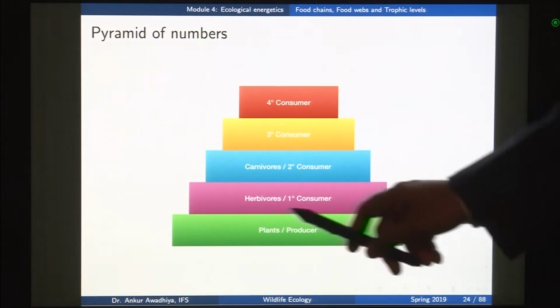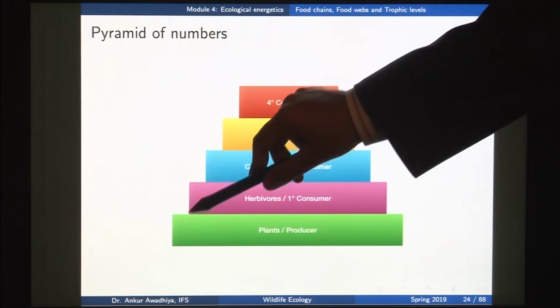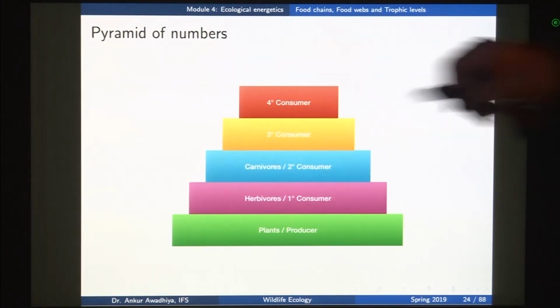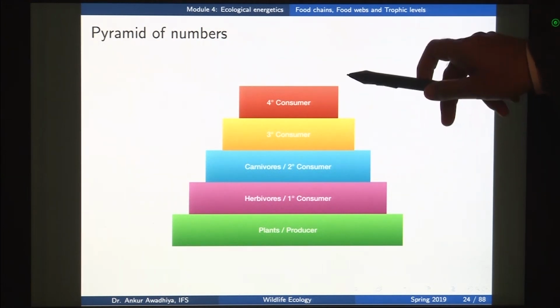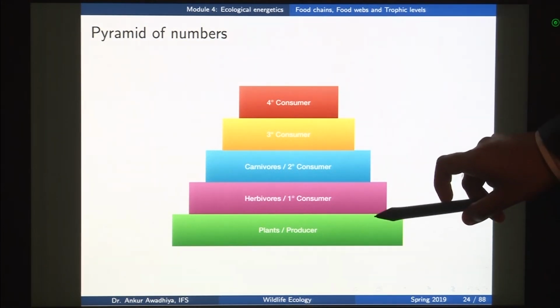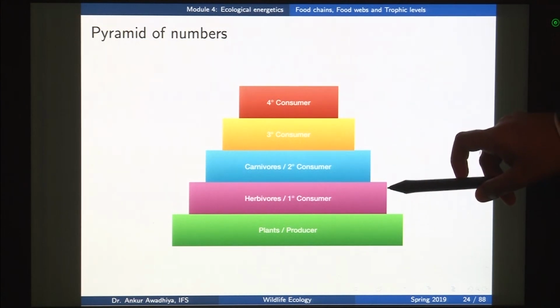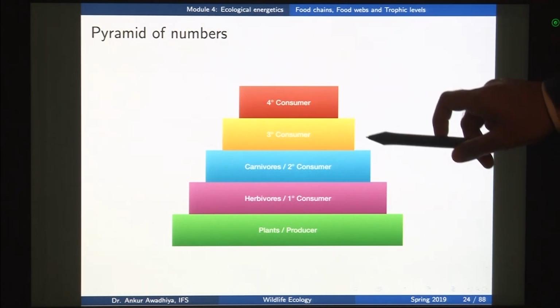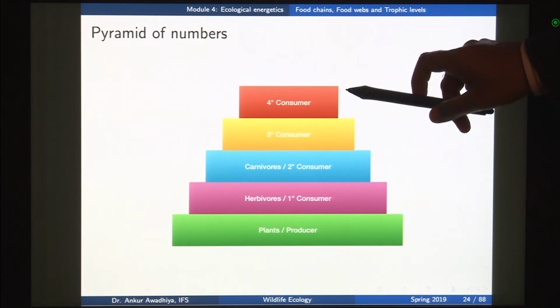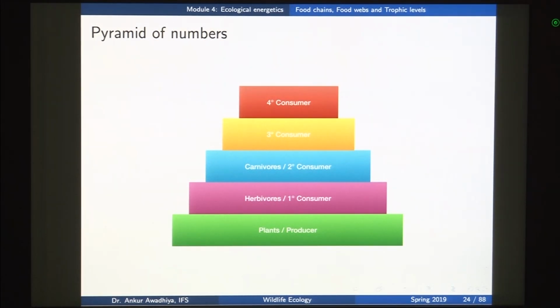So, the area of this particular block is proportional to the number of entities we have at this trophic level, and all of these different slabs show different trophic levels. This is the trophic level of the producers, this is the primary consumer, this is the secondary consumer, this is the tertiary consumer, this is the quaternary consumer and so on.